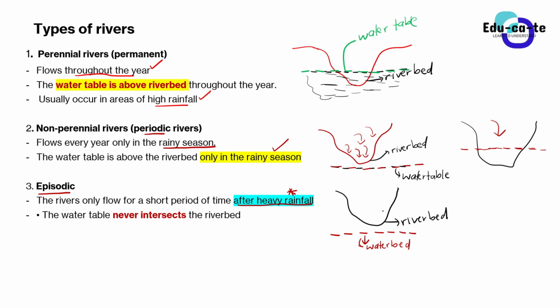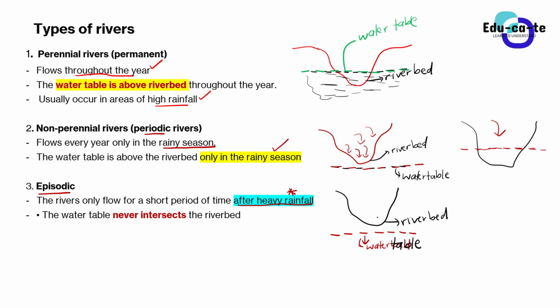It is never above the riverbed, because for you to raise the water table, you need to have constant rainfall. But here for the episodic river, it only flows after heavy rainfall. So it means the water table never reaches the riverbed.